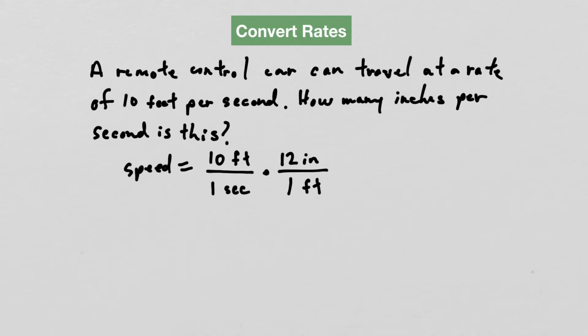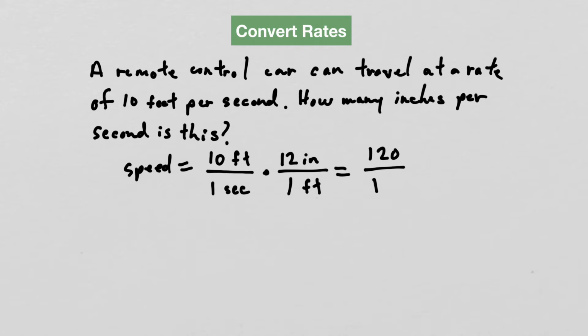Here's what I mean. When we multiply across the numerator, we get 120. I'm going to leave out the unit measures for now. Per, and then the denominator, 1 times 1 is 1.